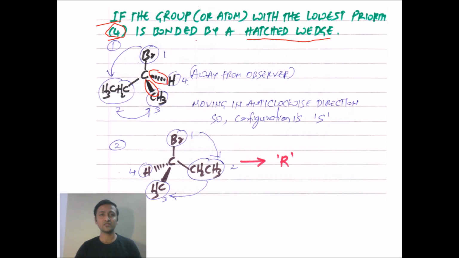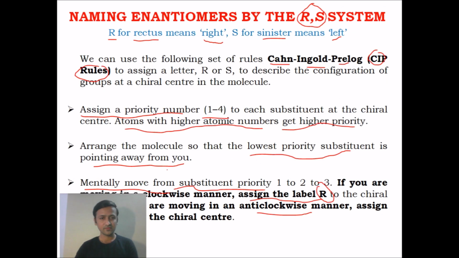In the examples I have taken, the group or atom with the lowest priority is bonded by a hatched wedge. A hatched wedge means the bond is going away from the observer, and the second rule says to arrange the molecule so that the lowest priority substituent is pointing away from you.